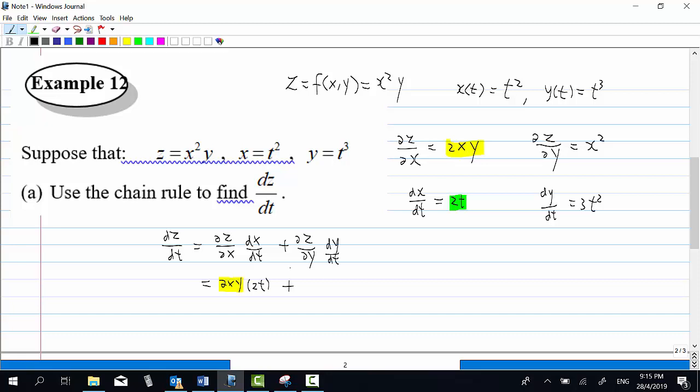And partial differentiation of z with respect to y is x squared. So this is x squared now. And dy/dt is equal to 3t squared.